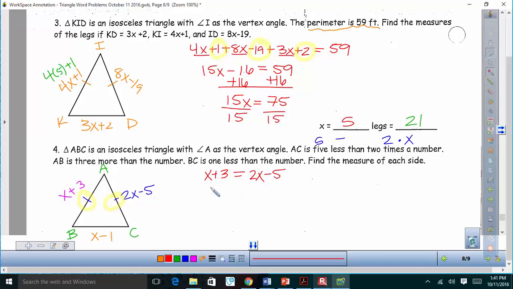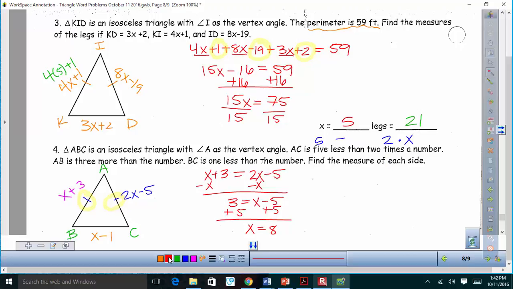I'm going to solve for x, equals minus 5. Then I'm going to add 5 to both sides. So x equals 8.